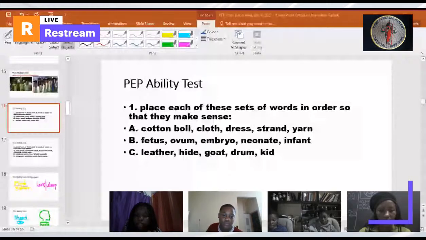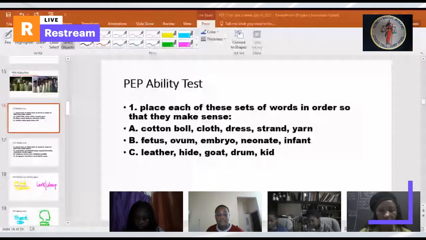Okay, called a boll. All right, so let me help you with this one. So we would have first the cotton ball. Would it be the cotton ball, the strand, yarn, cloth, then dress?